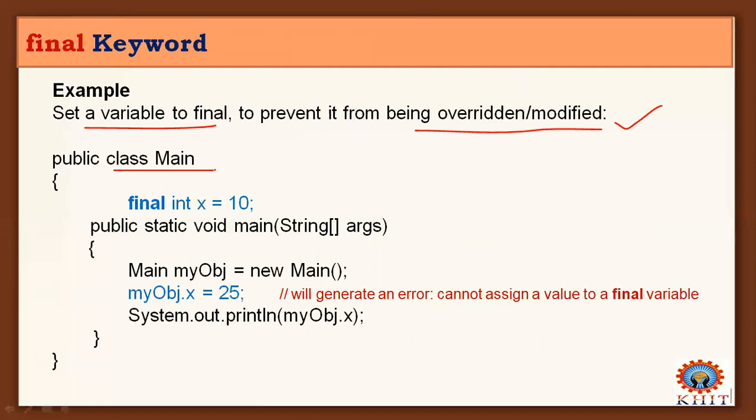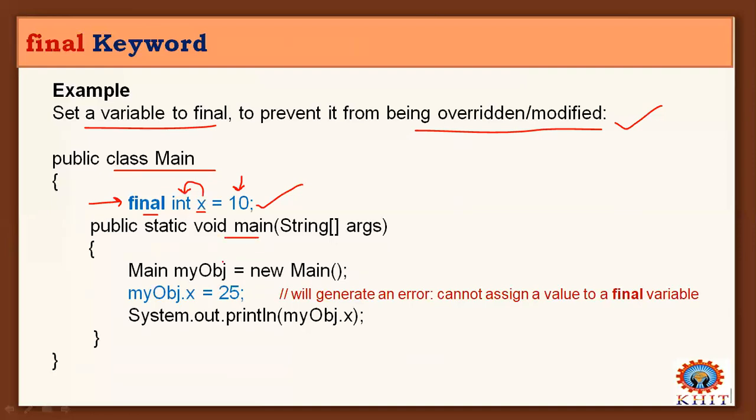In a class Main, I have defined one variable x of type integer, as final, and initialized it with the value 10. It is fixed, x equals 10 once it is initialized, and it is a constant. A final variable cannot be changed or modified.